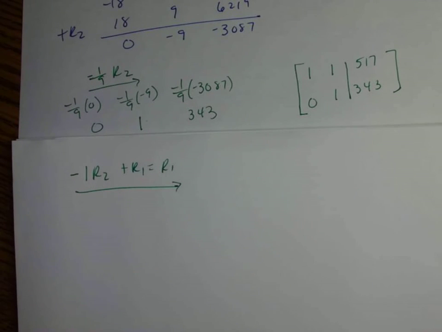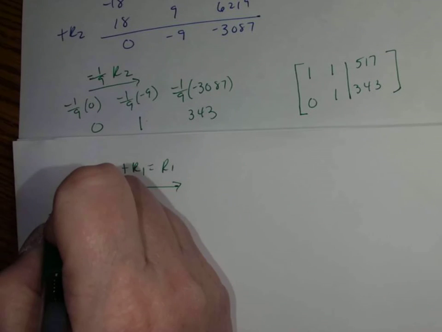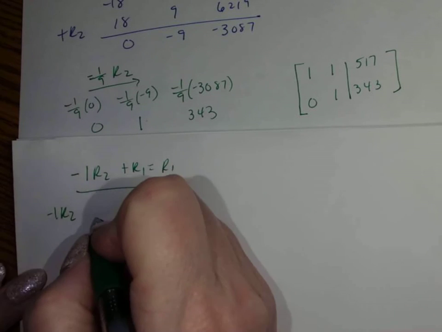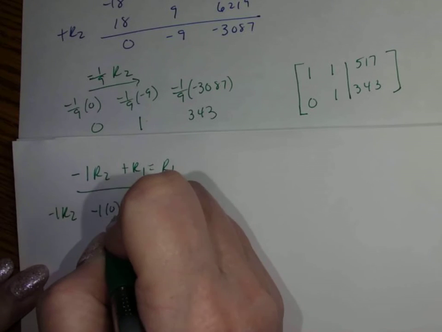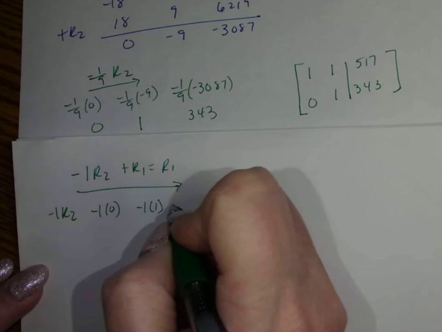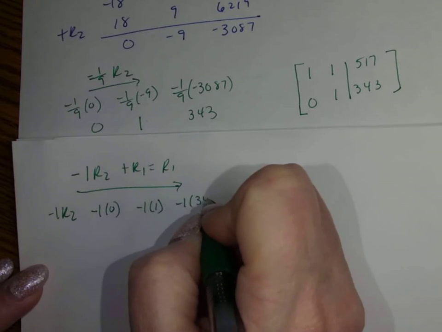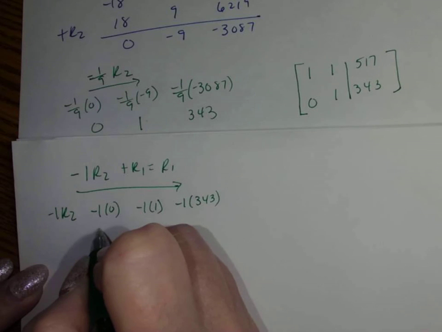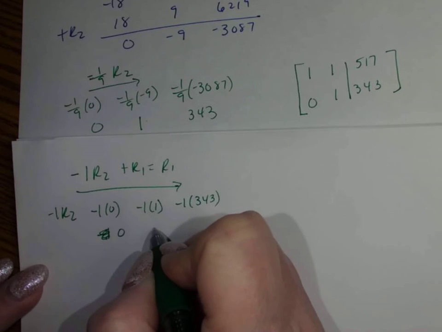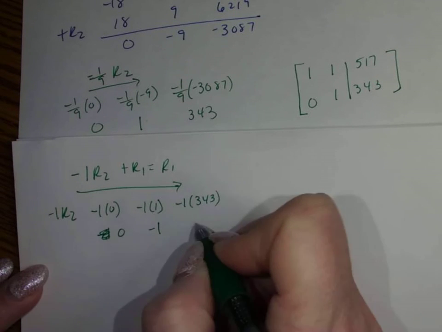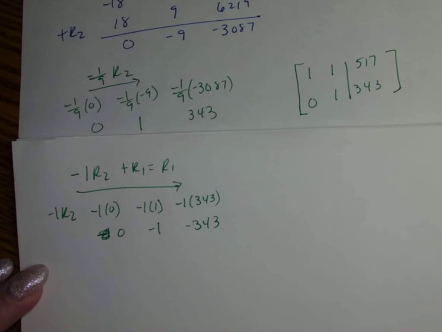And you only have to do this if they want it in reduced echelon form. So negative 1 times row 2 will get us negative 1 times 0, negative 1 times 1, and negative 1 times 343. So that will get us 0, negative 1, and negative 343.